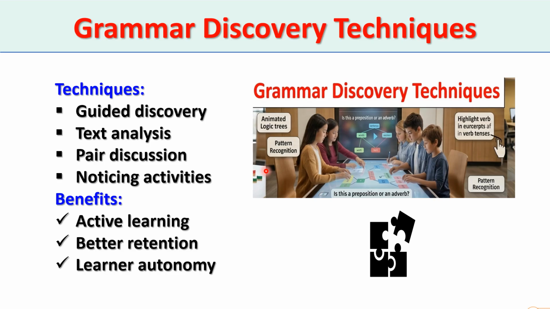And the next technique is text analysis. In text analysis, students examine the grammar or a sentence in a text. For example, the teacher provides a short article or short dialogue, and the students underline examples of the past tense or whatever the teacher asks them to do.